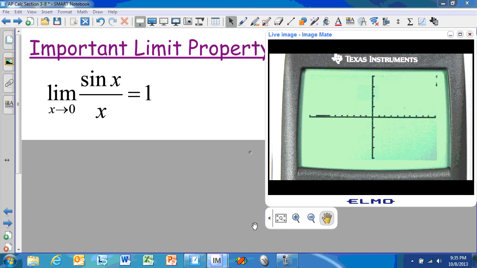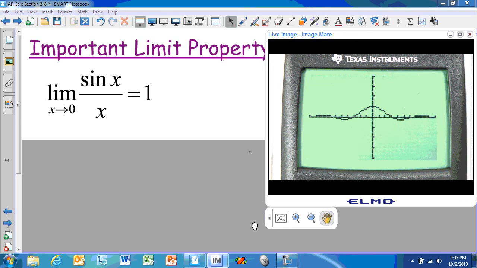And if we graph this thing, here's that graph, and you can see that as we approach the x value of 0, that is, as we're getting closer and closer to that y-axis, you can see that the function from the left side and the right side appears to cross the y-axis there, or approach a value of 1. Okay, so graphically it looks like the limit is 1, as we stated it is.